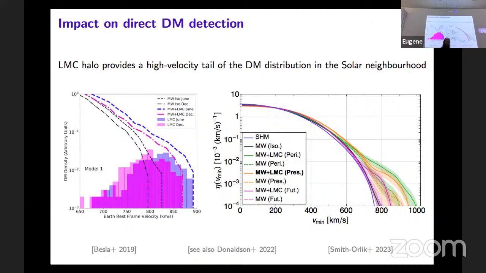Oh, honestly, I'm not that familiar with this, but I can just repeat what I said: from these studies, most of the effect you would see is in the high velocity tail. And of course, it will also come from a particular direction of travel of the LMC. If your experiments are sensitive to the direction and specifically to very high velocities, then I think the signal from the LMC should be very clearly visible.